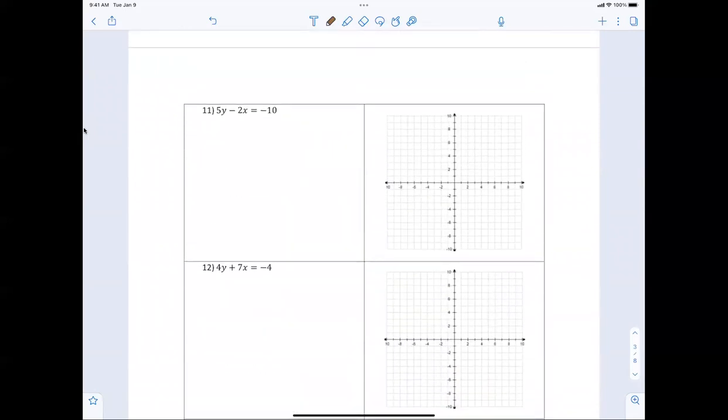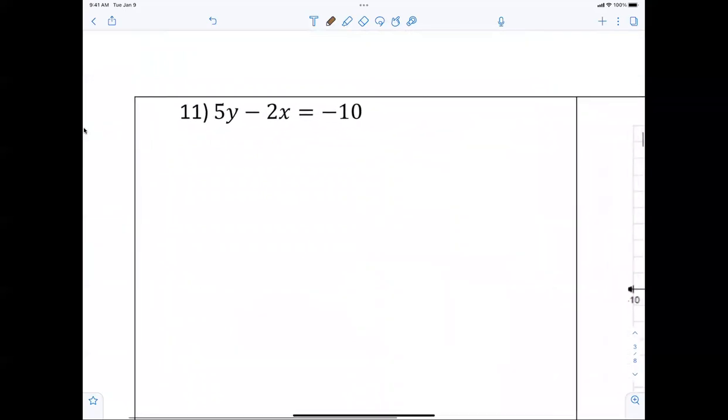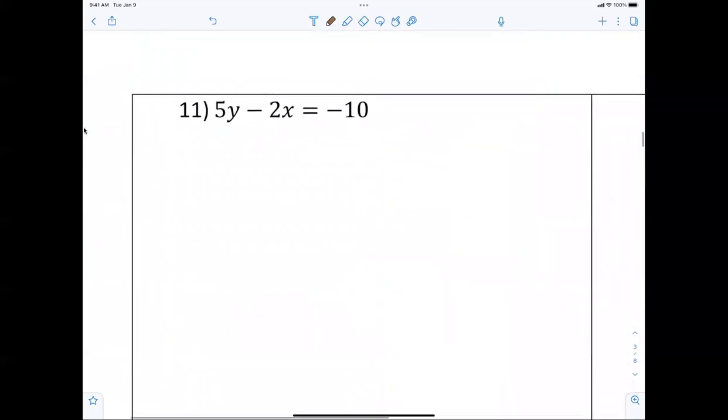Okay, now everybody, take a look, please, at number 11. We're going to do one more, and then I'm going to jump down. Come on, guys. This is relatively easy. I need to move what? 2x. Move the 2x. 5y equals 2x minus 10. Now what?